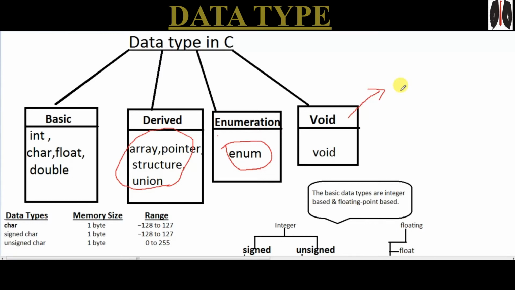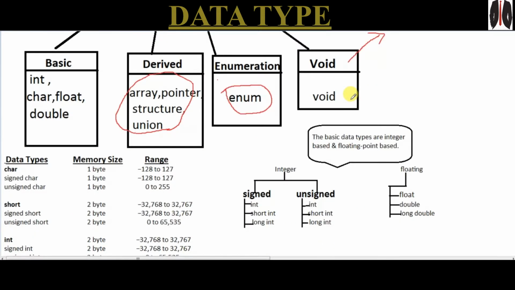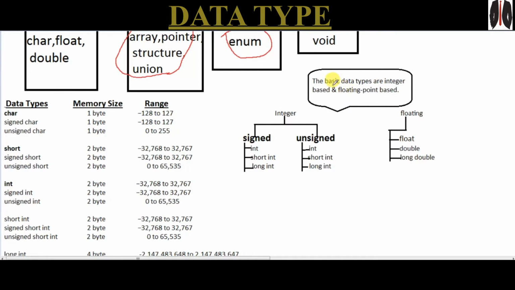But when we put void before a function and complete our function, there is no need to return any value. That type of data type is known as void. Void means non-return type.